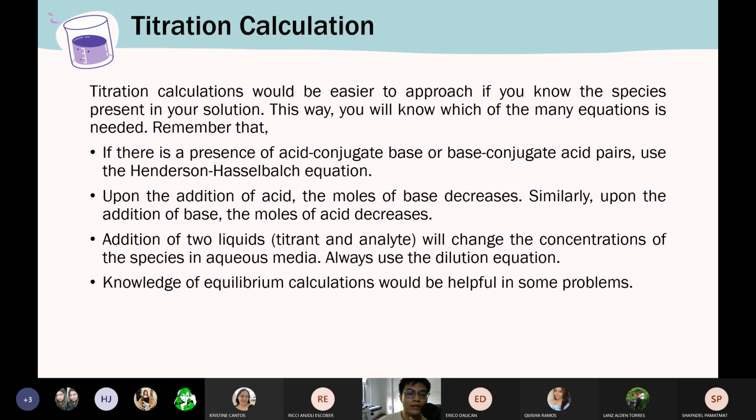Okay? Kasi usually, you will be asked to determine the pH, no? Hindi yung endpoint mismo. Maghahanap ka ng pH talaga, no? Okay? When you add your titrant, what will be the pH of the solution? Okay? How will it progress over time? So, yun yung ginagawa natin dito.